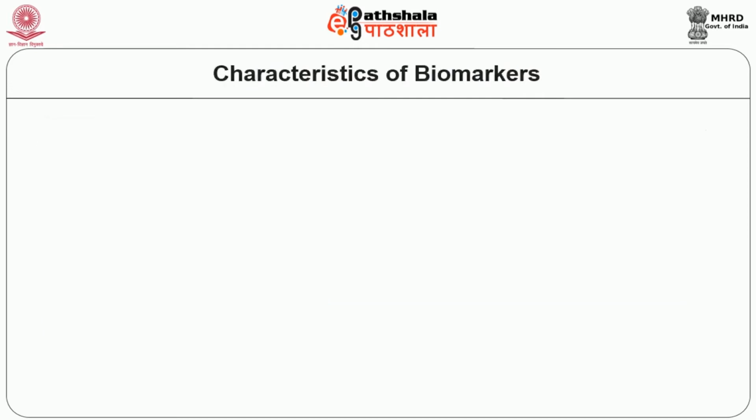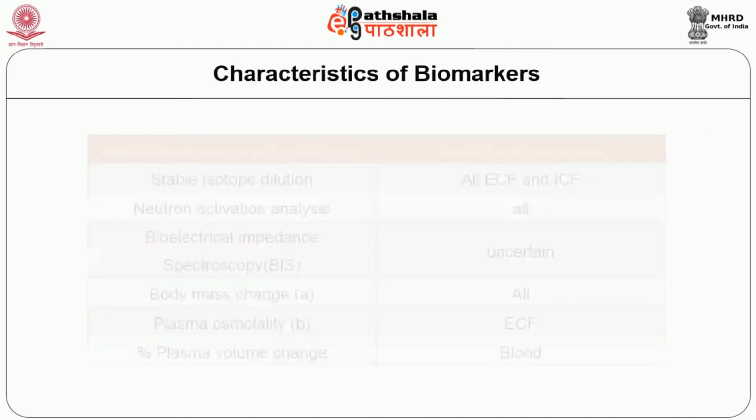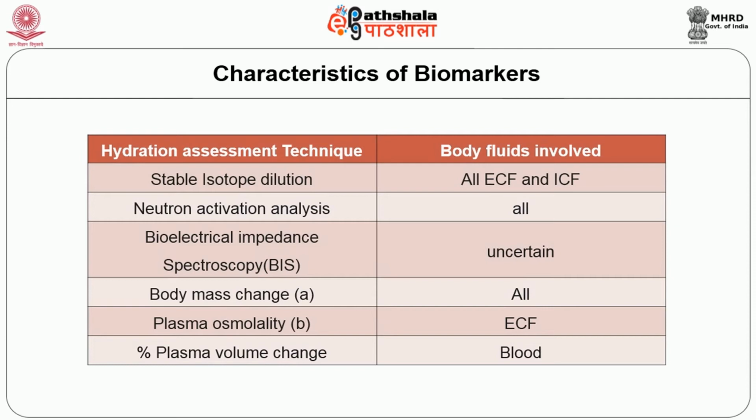The following table gives the characteristics of biomarkers and the fluid in which they are measured. For example, in the hydration assessment technique, all the body fluids are involved, and in stable isotope dilution, all ECF and ICF are involved. In neutron activation analysis, everything is involved.